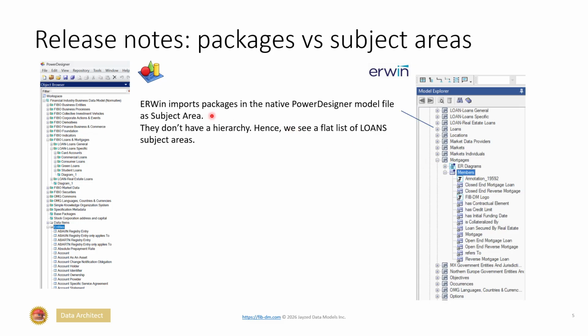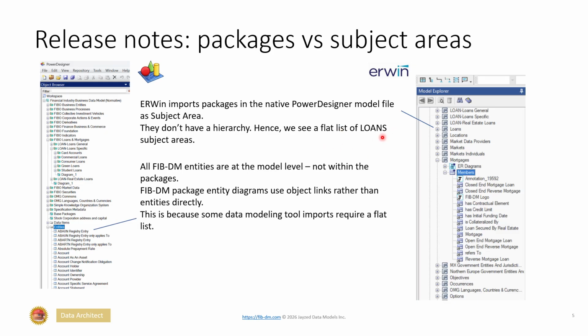So ERWin imports the packages in the native PowerDesigner file as a subject area. Now, ERWin subject areas don't have a hierarchy, so we just see a flat list of loan subject areas. And all FIB-DM entities are at the model level, not within the packages.